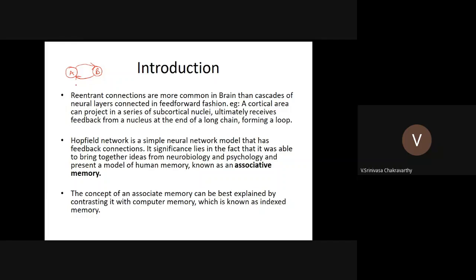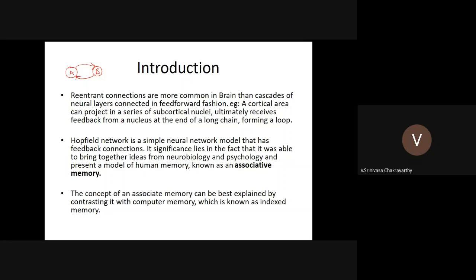Therefore, networks which have loops in them are more natural, more brain-like, than networks which have only feed-forward connections. But feed-forward networks are easier to analyze and easier to train. That's why you start with them and slowly move on to recurrent connections.